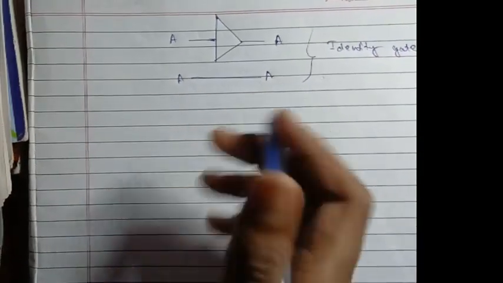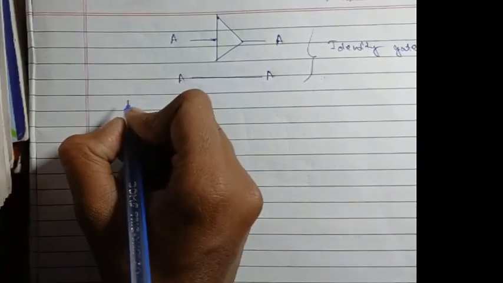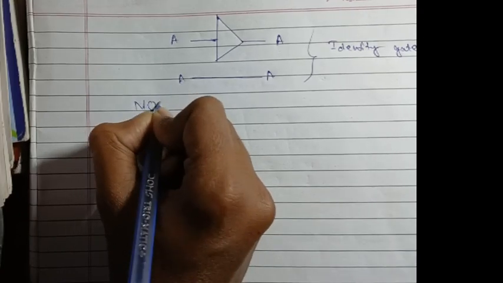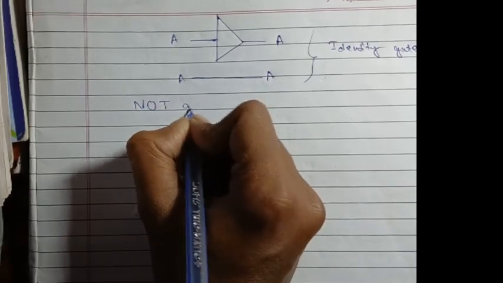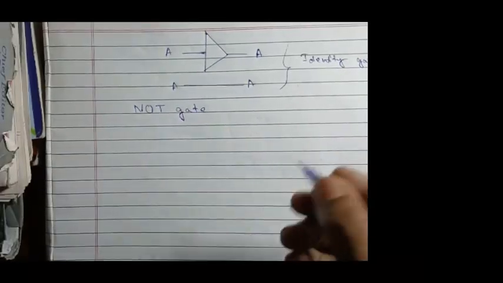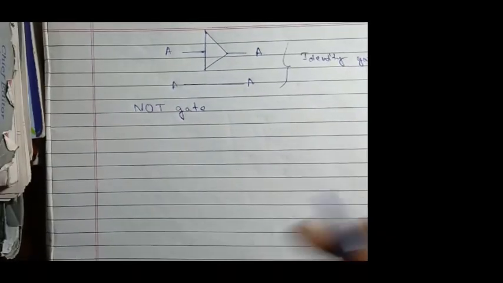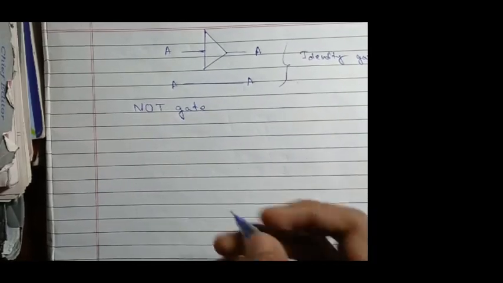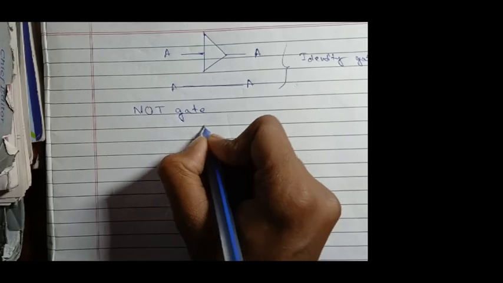Let's take a look at another type of single gate. Another type of single gate is called NOT gate. The NOT gate is just the opposite of that identity or buffer gate. It just flips the input, and we draw this like that.